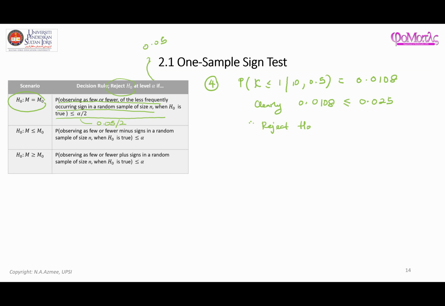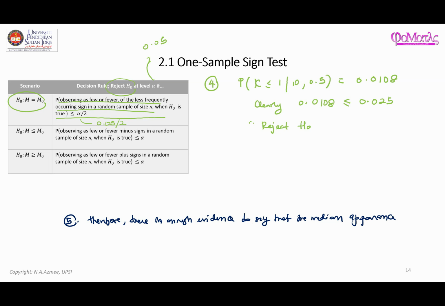That's it. And the last part is to come up with a conclusion. So step 5 is to conclude. Therefore, we can conclude, therefore, there is enough evidence to say that the median appearance, basically you are just copying the last line of the example given.